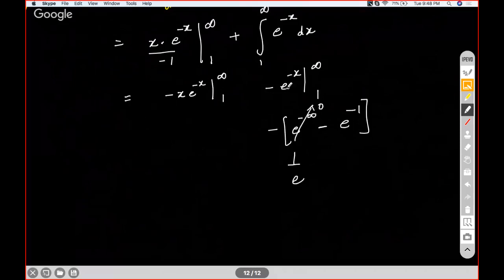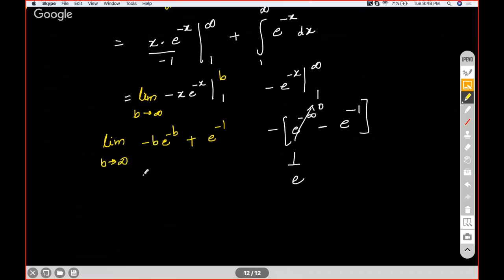Now, normally we write it like this: b, and limit b tending to infinity. Think as if you are evaluating this as b tends to infinity. Now again, I have told you that when you have a term like b by e raised to the power b, this grows much faster as compared to this.